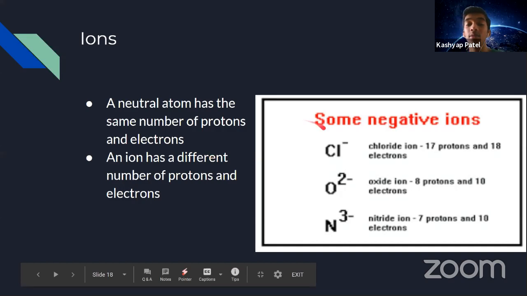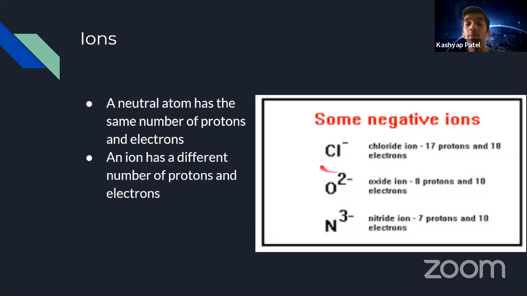So this image has Cl. This stands for chlorine. So the chlorine element. Now there's a negative next to chlorine, and that's because this chlorine atom has 1 more electron than proton.